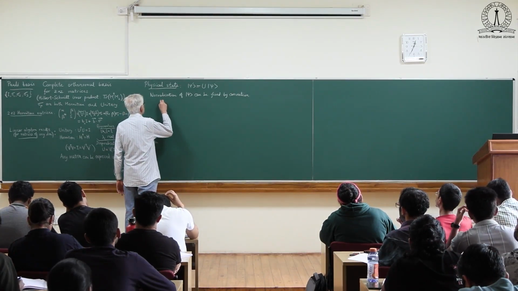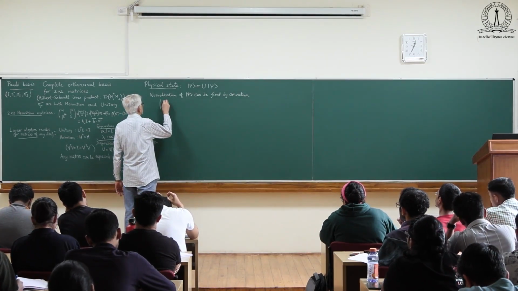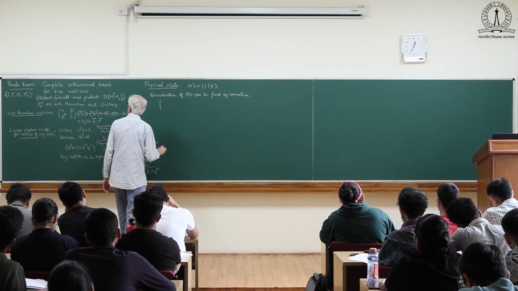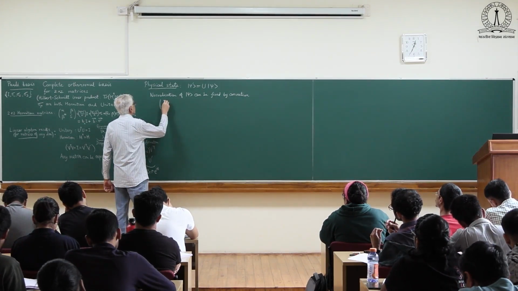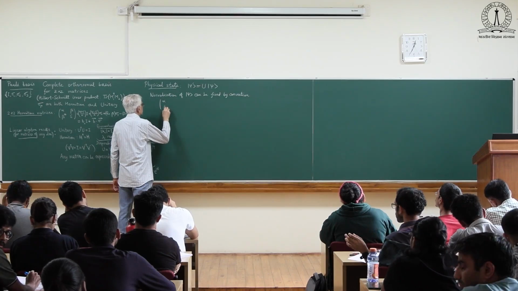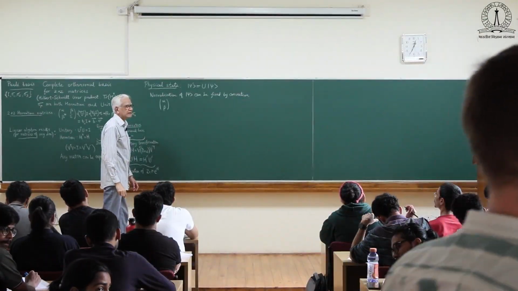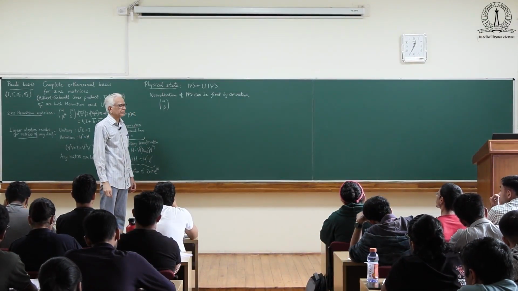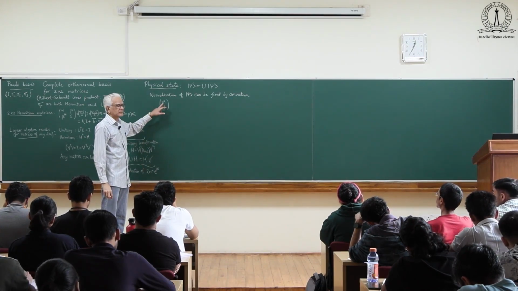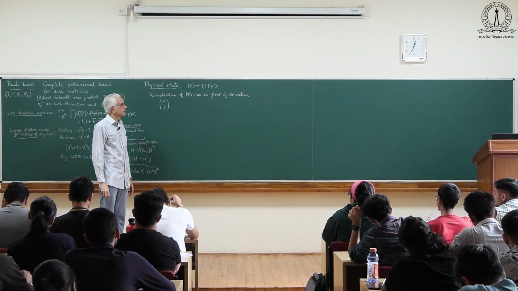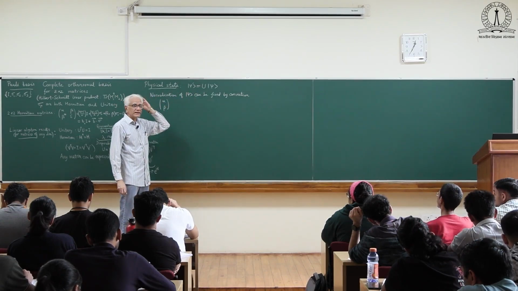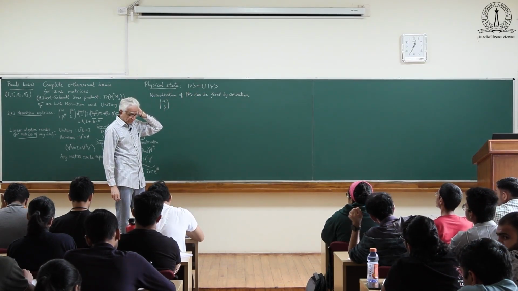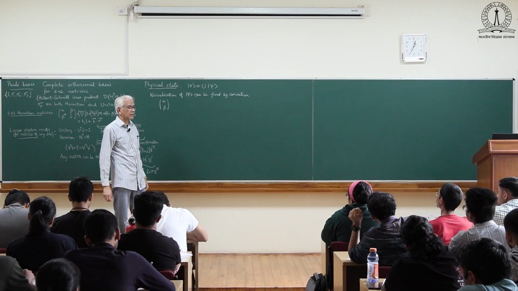And now I will ask, what is the geometrical picture I can construct? Again, I will write a two-component vector, complex numbers, alpha and beta. What can I say about these numbers?